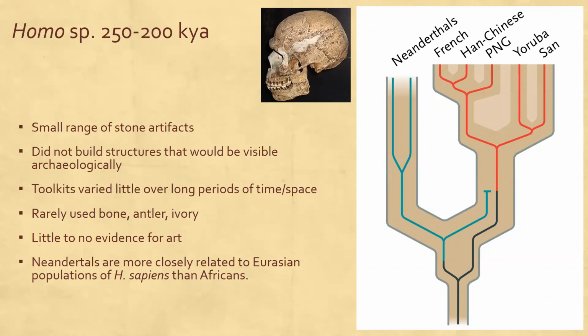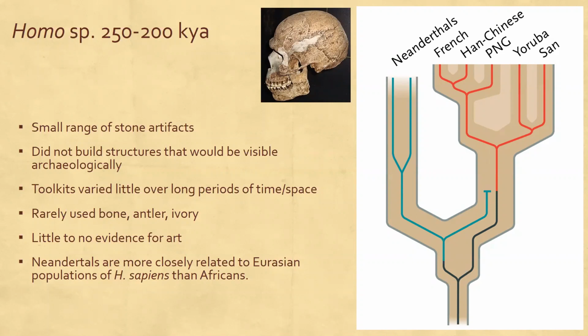So to reiterate, modern human populations existing today outside of the continent of Africa share genetic material with Neanderthal. And if we look at them closely, the French, or Europeans in particular, are more closely related genetically to Neanderthals because of admixture than the Han Chinese. They share more genetic material.